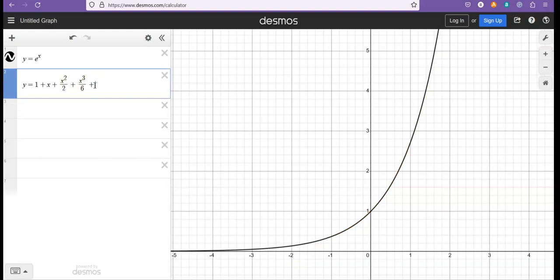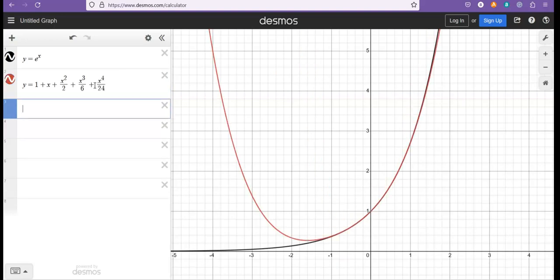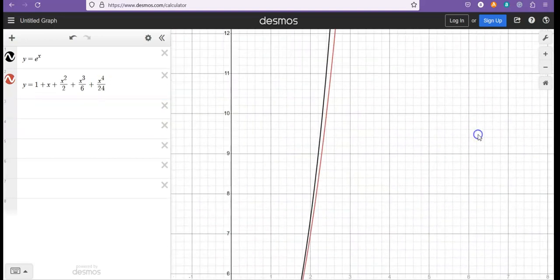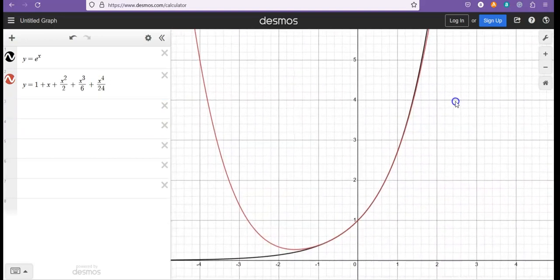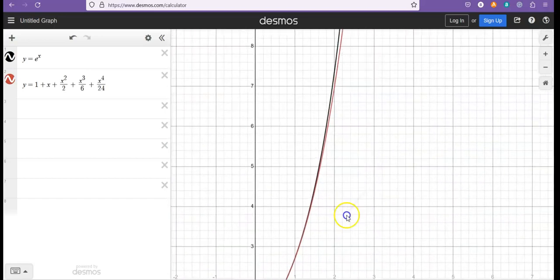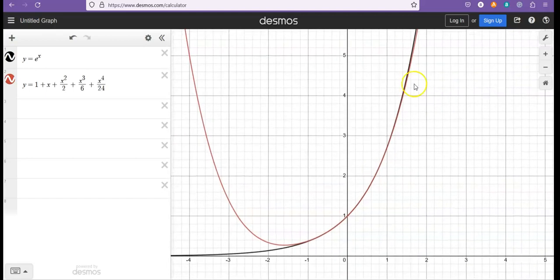And if I add the next term, x to the fourth over 4 factorial, you see that it covers even more. Look at how good of a job this is doing over to the right-hand side of the origin, how close it is to covering that curve already with just 4 terms. It's pretty darn close to the exponential function.